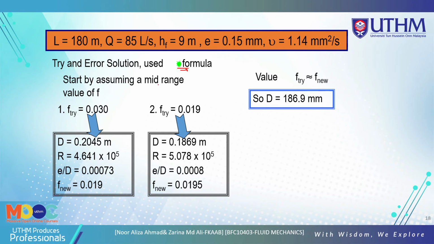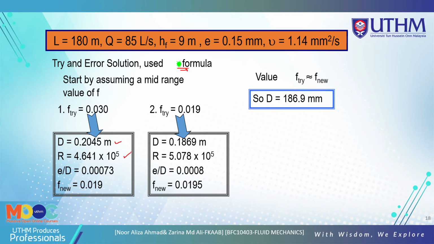You just assume a mid-range value of F, so we try 0.030. Based on the F trial, you use the formula here and solve to get the D, until you get D is 0.2045. With the D, you put it again into the Reynolds number formula, so you get the value of Reynolds number.